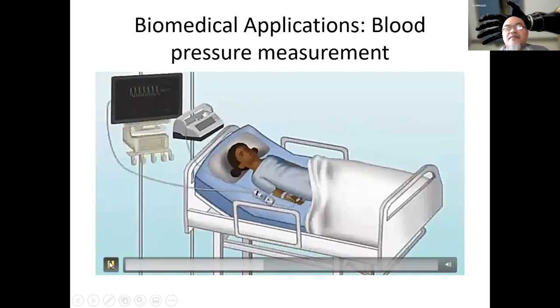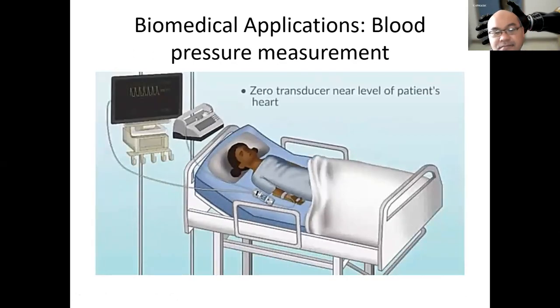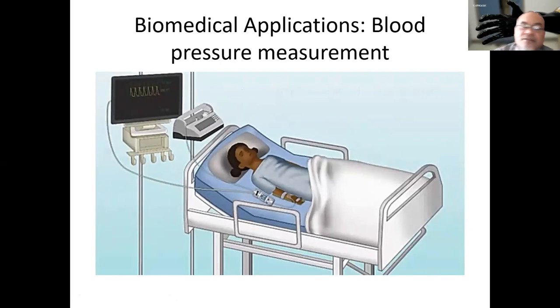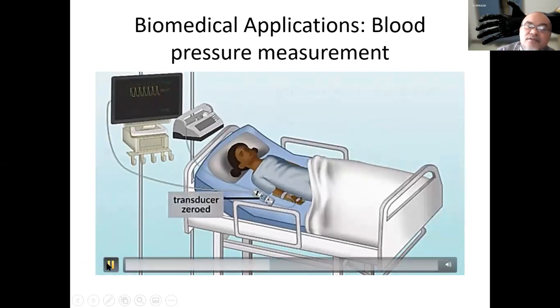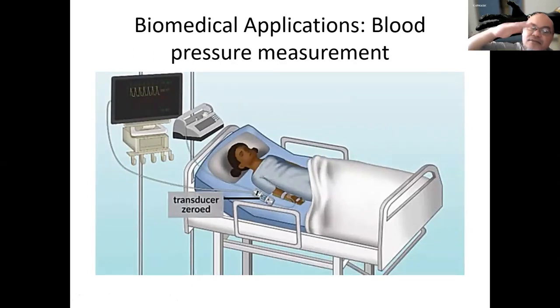And ideally, the transducer would be here at the level of the patient's heart or near the level of the patient's heart. Once the transducer is zeroed, it is important to put the transducer at the same height or the same level as the heart, because when you put it underneath, there will be an offset. If you put it higher, there will also be an offset, positive or negative.